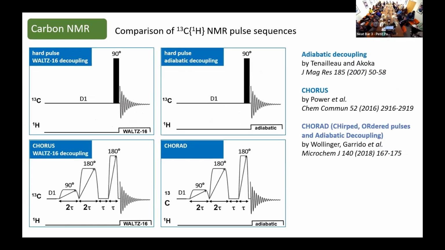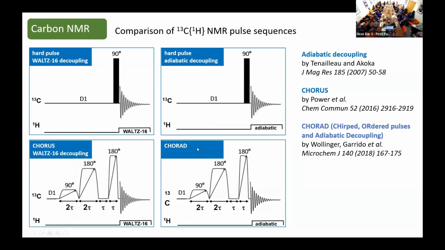So we did a comparison using, in one case, hard 90 degree pulses, using either WALTZ or adiabatic decoupling. And then we used the CHORUS, the same one that I showed before for fluorine, using either WALTZ or adiabatic decoupling.